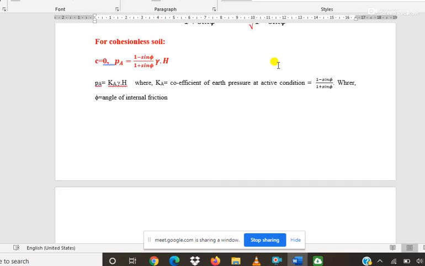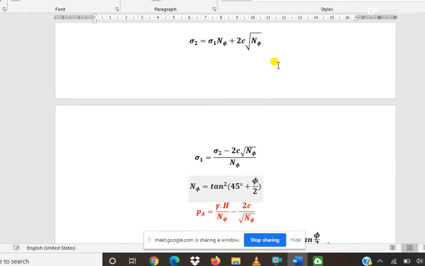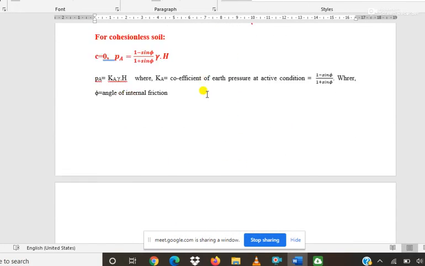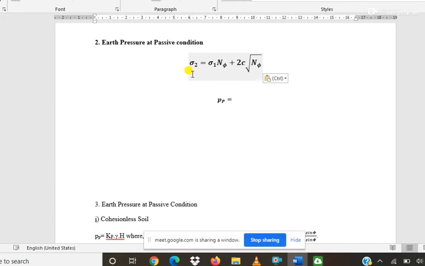In case of active earth pressure, we have considered the major principal stress as the vertical pressure, but in case of passive earth pressure we have to consider the lateral passive earth pressure as the major principal stress, because the value of passive earth pressure will increase as the movement of the wall increases.